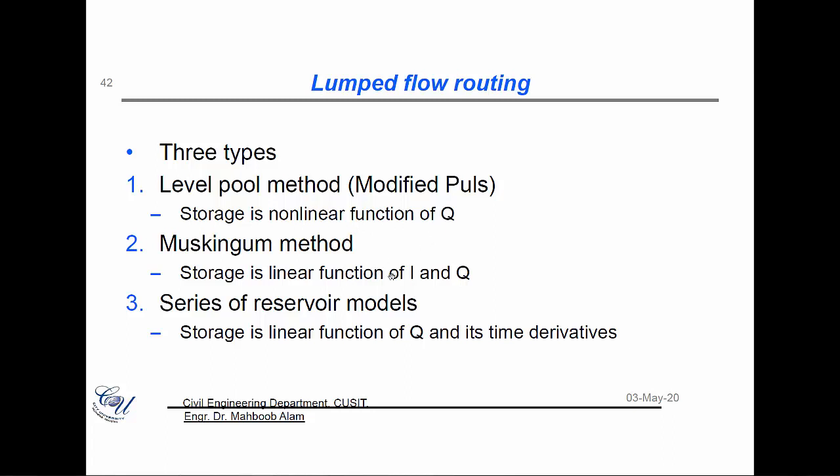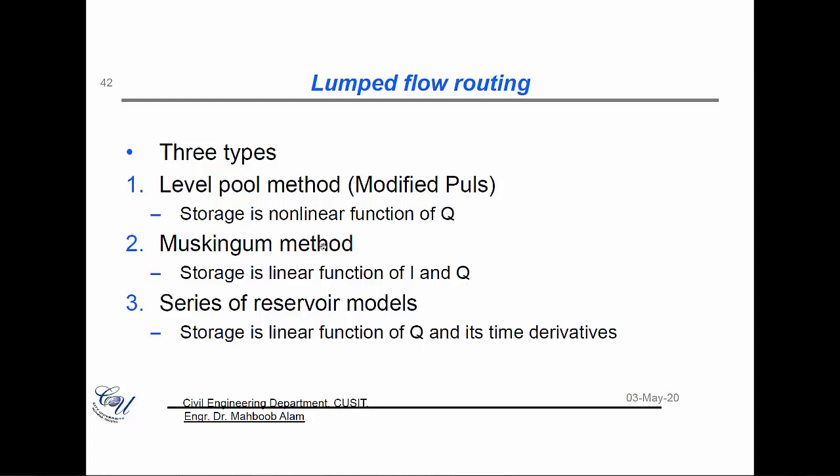Muskingum method assumes that the storage has a linear relationship with inflow and discharge, but we are only looking at the level pool method. Muskingum method is very easy method. There are certain formulas that we just have to put values in, and then we will be getting the outflows.